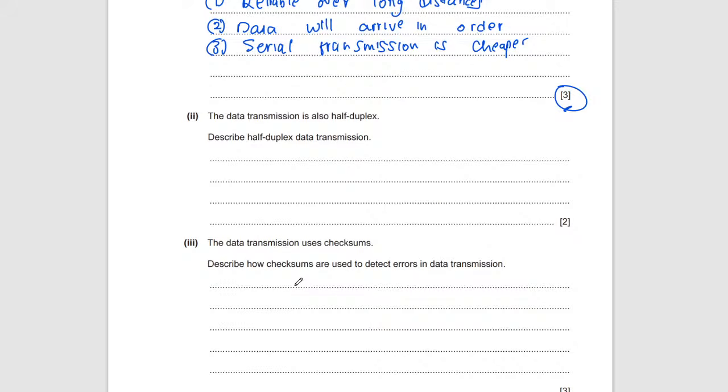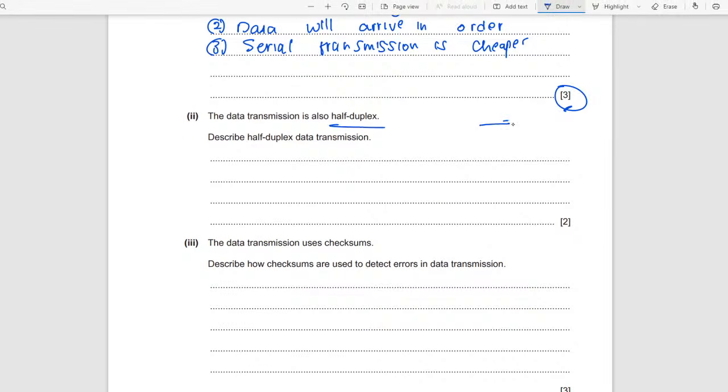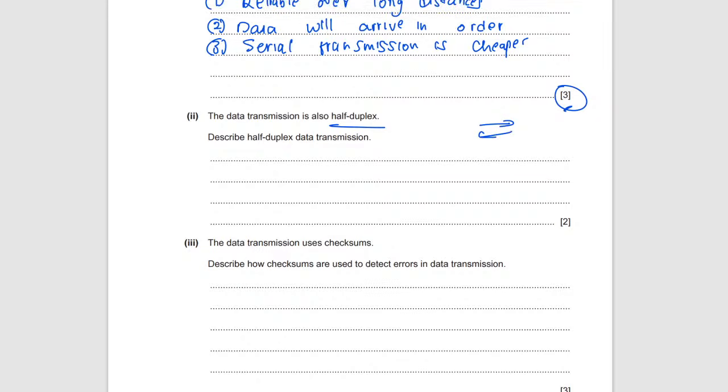We move on to the data transmission being half duplex. What is half duplex? Half duplex is basically transmission in both directions but not at the same time. So it says describe half duplex data transmission. Let's describe it, just what I said.